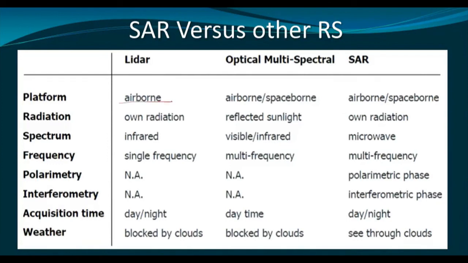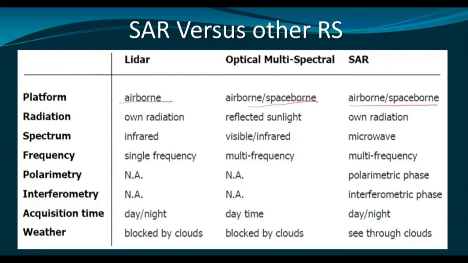It cannot be mounted on satellites. Optical multispectral remote sensing can be performed from the aerial platform as well as the space platform. Synthetic aperture radar is also possible to be performed from the aerial platform as well as the space platform.